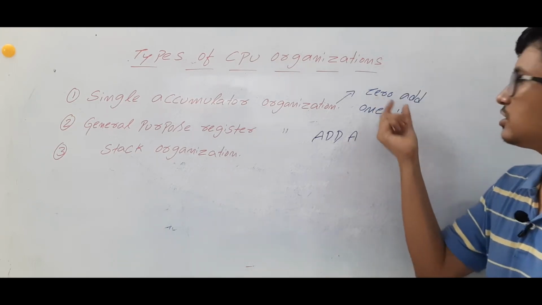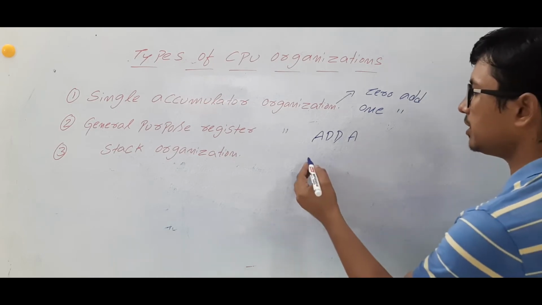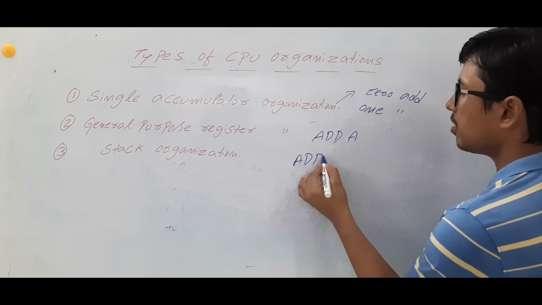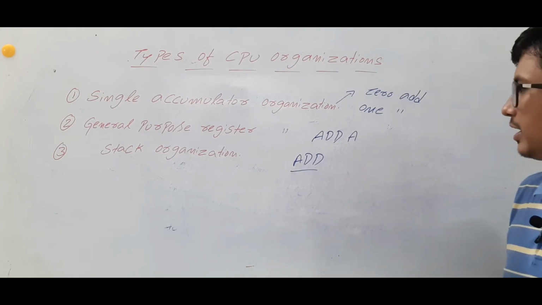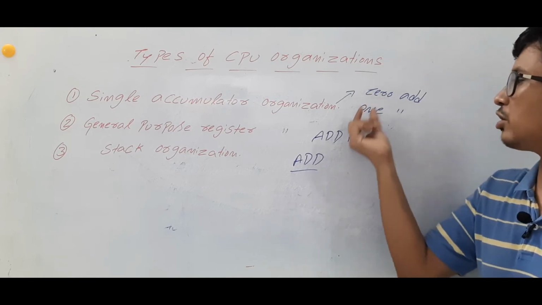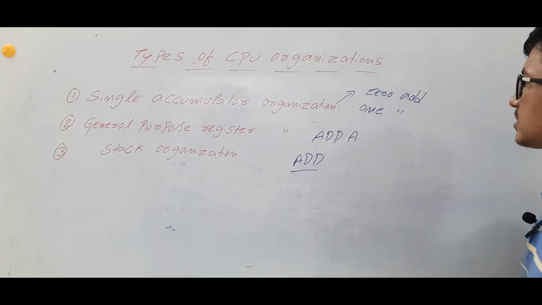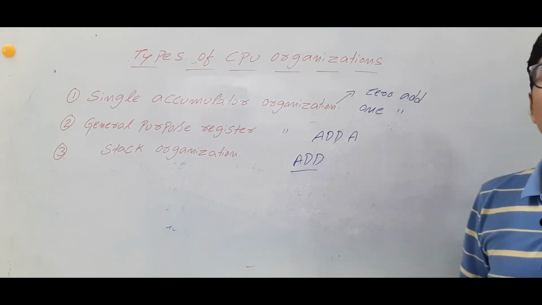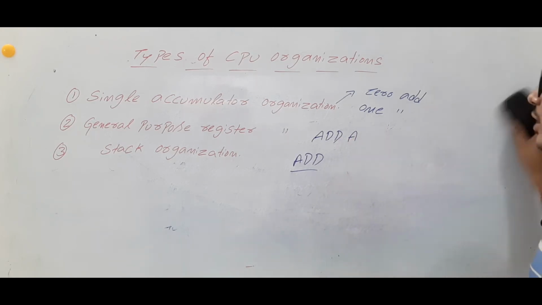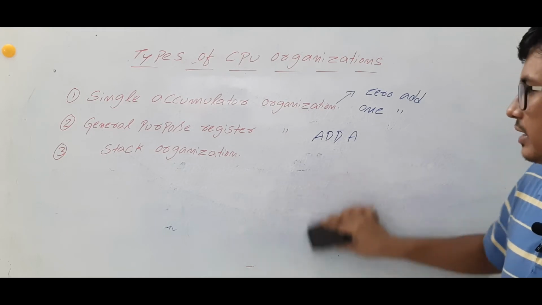If it is a zero address instruction, you will not have any operand, so we call it a zero address instruction. If you have only one operand, then we call it a one address instruction.